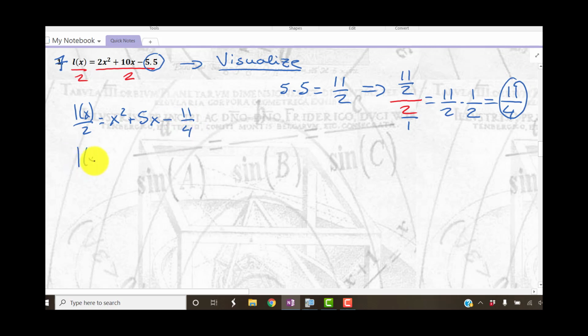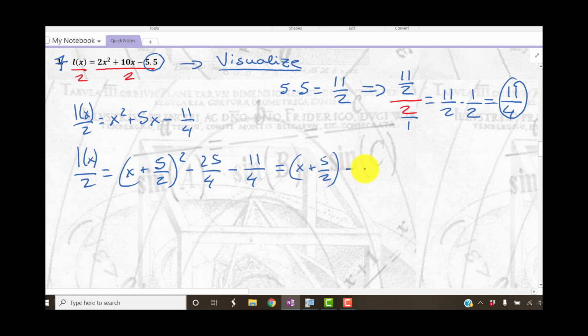So L of x divided by 2 equals (x plus 5/2) squared minus 25 over 4 minus 11 over 4. So this is (x plus 5/2) squared minus 36 over 4. All right, almost there.